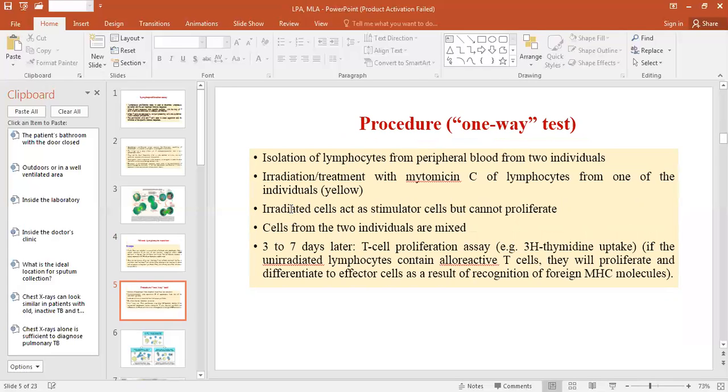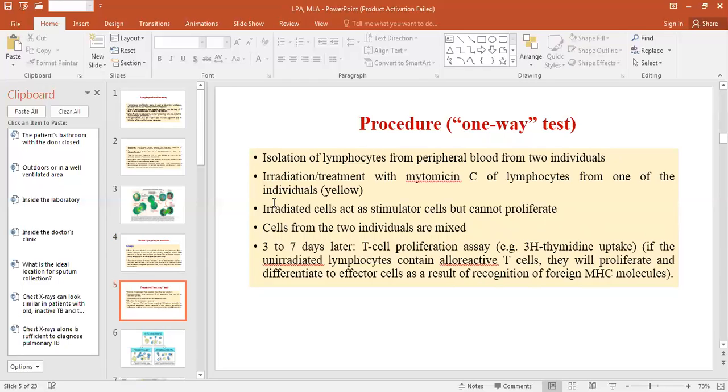So here we have to isolate the lymphocytes, and we can isolate PBMCs from two individuals.